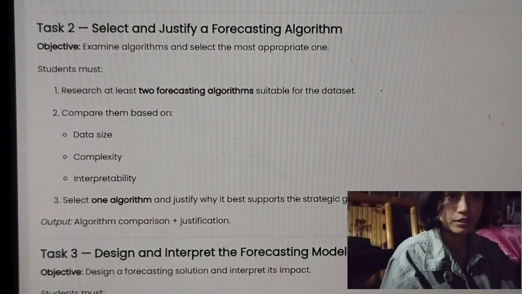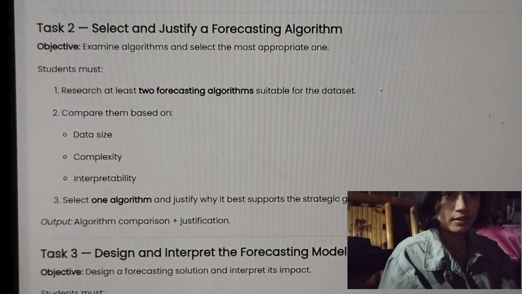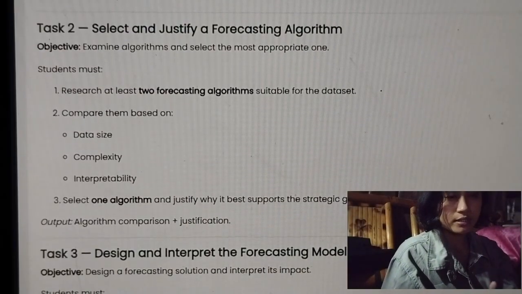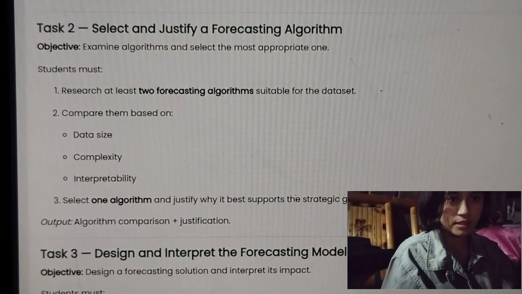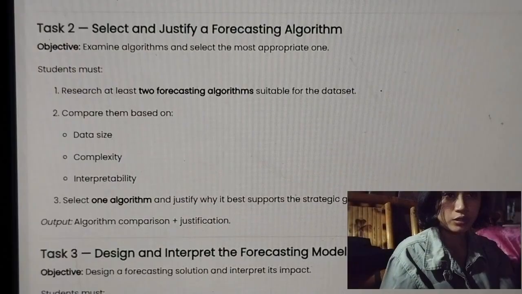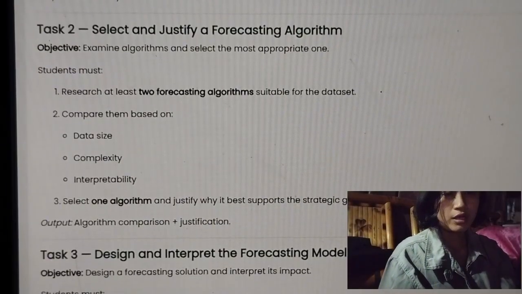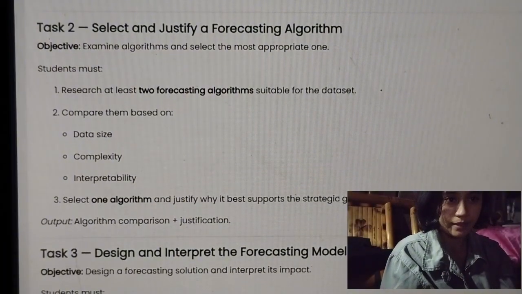It also supports the strategic goal of budgeting and planning because it gives management a clear estimate of future sales instead of just an average of past values. In conclusion, while both methods are suitable for small datasets, linear regression is the better choice for this data because it reflects the sales growth and supports better decision making.